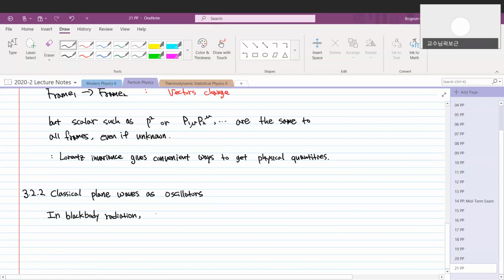We consider the simple harmonic oscillator. Then this describes the photon field, the electromagnetic wave, as a plane wave.